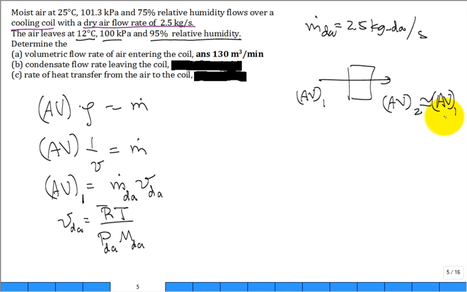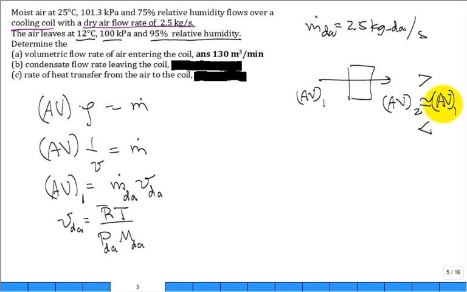That means the air is probably a little denser. And so what do you think the volumetric flow rate going out might be, a smidgen greater than or a little less than what it came in at? Less. That's right.